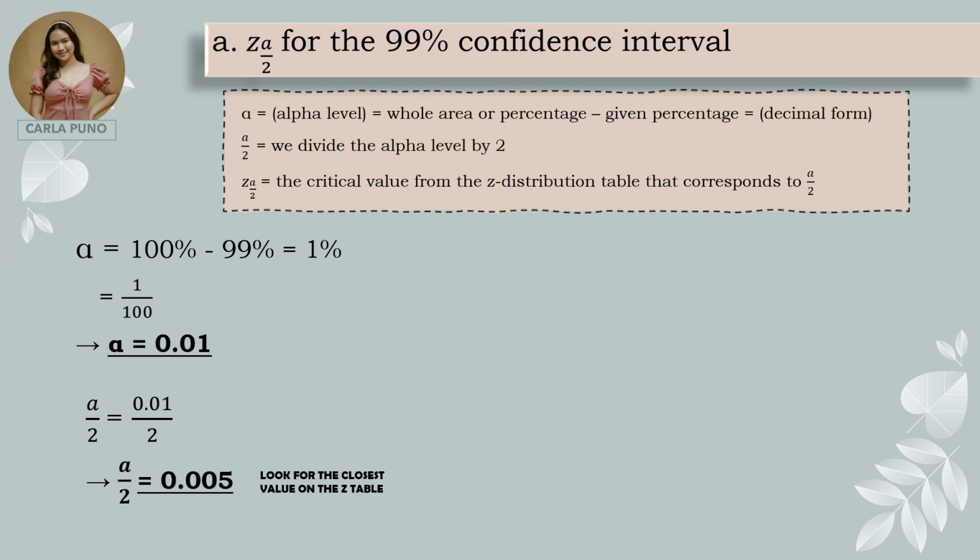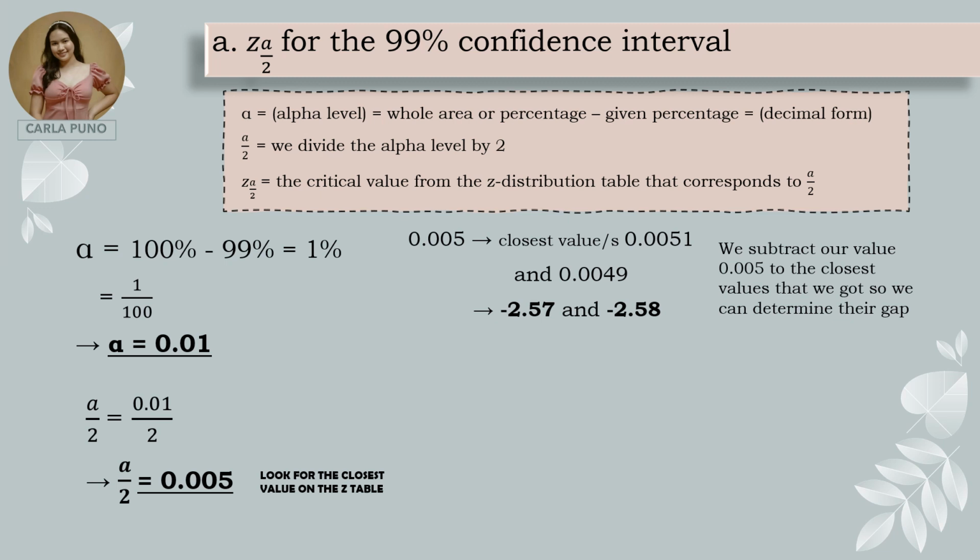We go back to our problem, and based on our table, the closest values for 0.005 are 0.0051 and 0.0049, and their corresponding values are negative 2.57 and negative 2.58. We subtract our value 0.005 from the closest values that we got, so we can determine their gap.